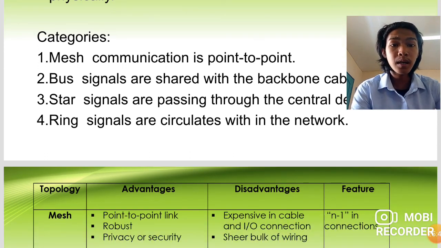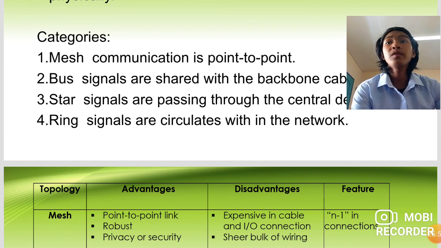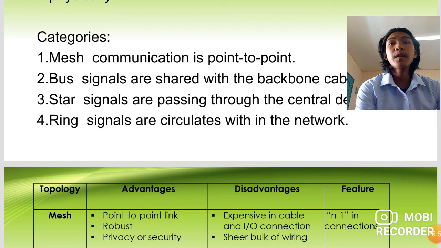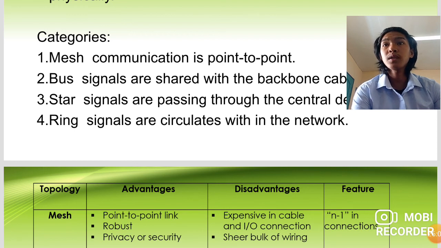In a ring, signals circulate within the network. Ring topology is a network configuration where device connections create a circular data path. Each network device is connected to two others, like points on a circle. Together, devices in a ring topology are referred to as a ring network.